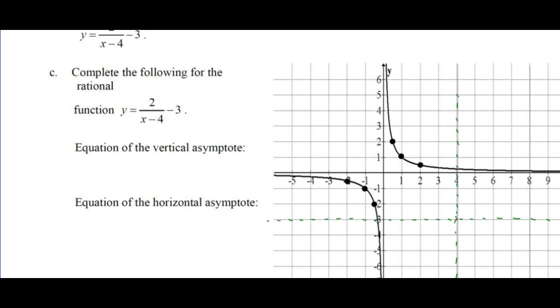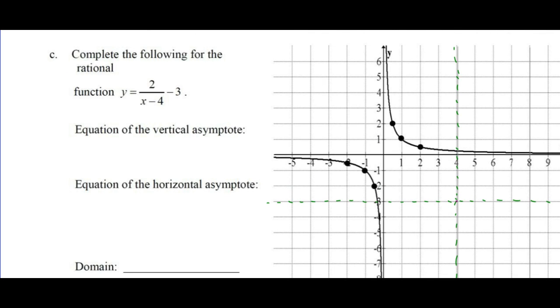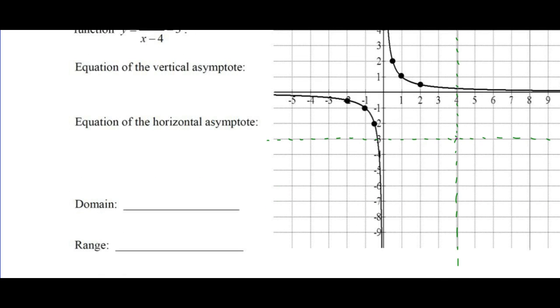So there's my new asymptote lines. Okay, and now we have to deal with, what else is going on? You can see it on your sheet. There's a vertical stretch by a factor of 2. Where's this point?